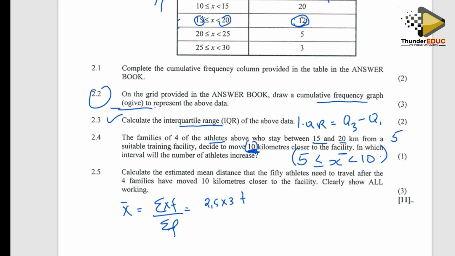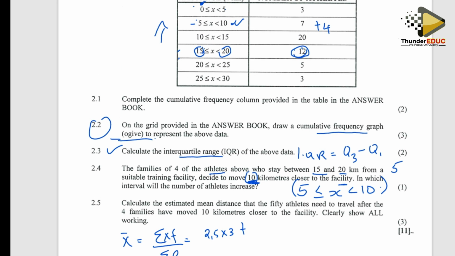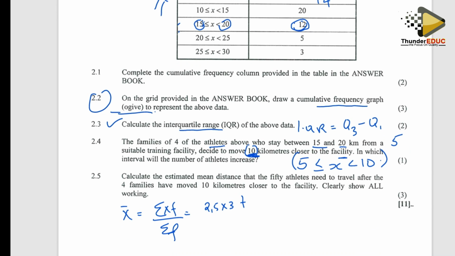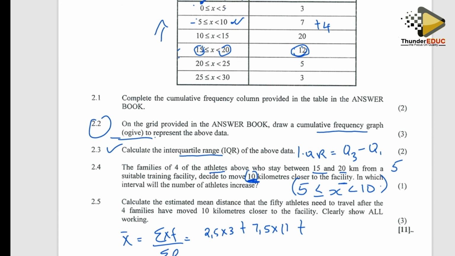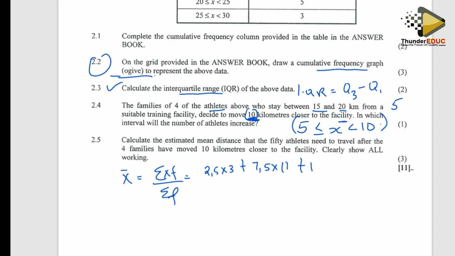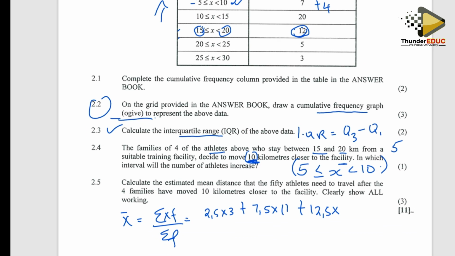times 3 plus the next one will be 7,5 times 11 plus, now that's going to be 12,5 times how many? 20.